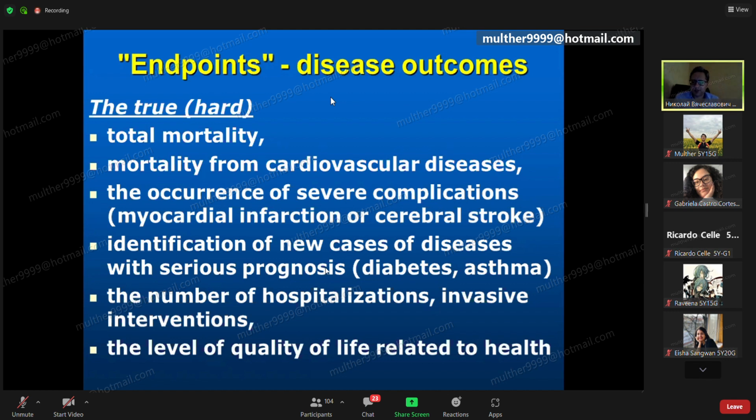Invasive intervention, such as the need for stenting or angiography, is also a true endpoint.